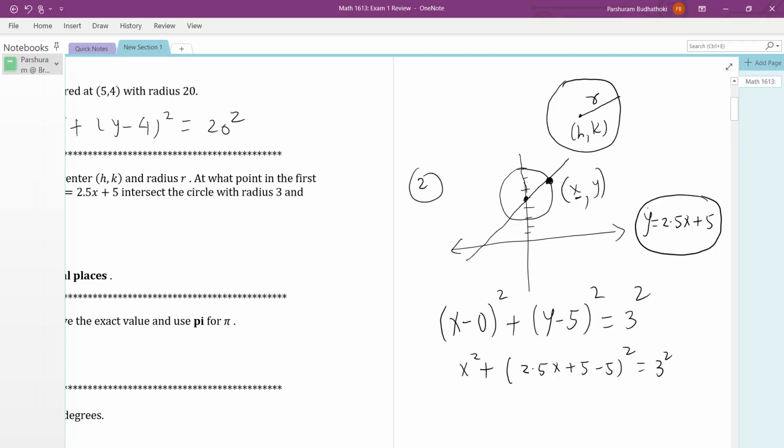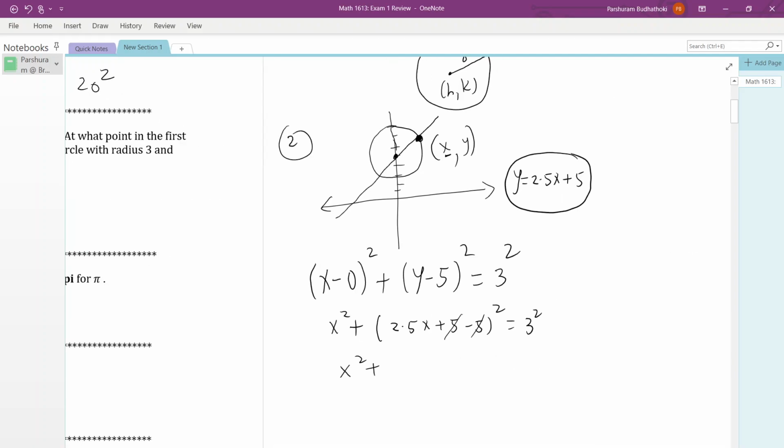That's why I'm plugging the value of y into the equation of the circle. There is a plus 5 and minus 5. I can just cancel this out, and now it gives me x squared plus the square of 2.5x, which is basically 2.5 is 5 over 2. So the square of 5 over 2 is 25 over 4 x squared equals 3 squared, which is 9.